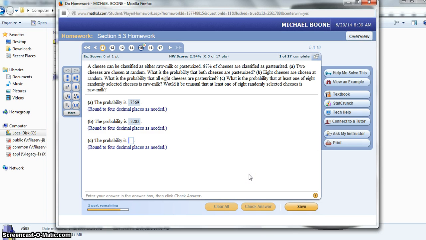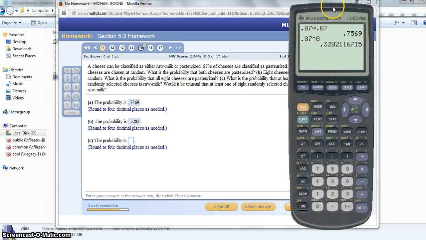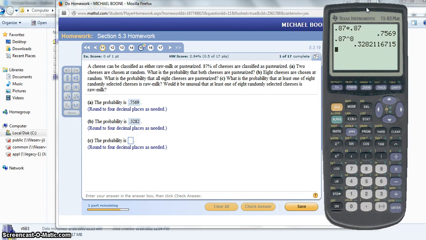Fantastic. Now these are the at least problems. What's the probability that at least one of the 8 randomly selected cheeses is raw milk? Well, in words, at least one is raw milk means one could be raw milk, or 2, or 3, or 4, or 5, or 6, or 7, or 8 could be raw milk.